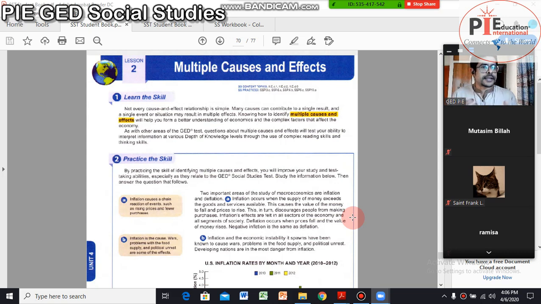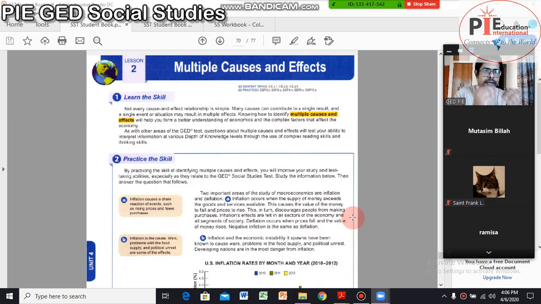Why does this price change? It actually means that in this entire period of 50 years or 60 years, the value of the money is dropping down. The money with which you could buy 10 kg of rice 50 years back, that same money with the same value is not equivalent to today's value.